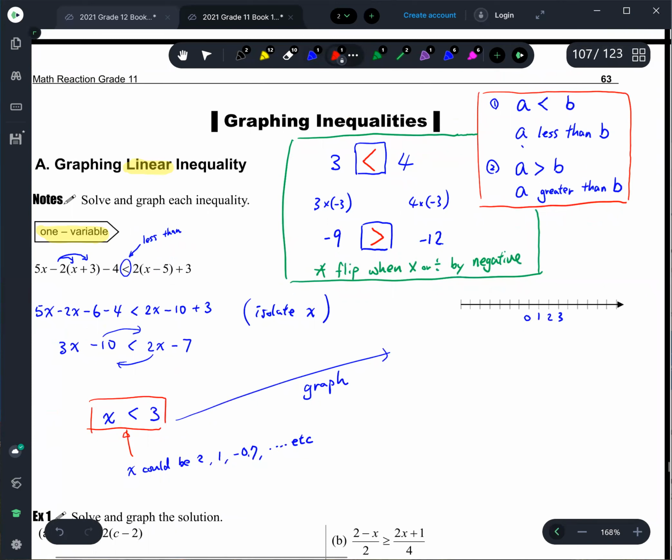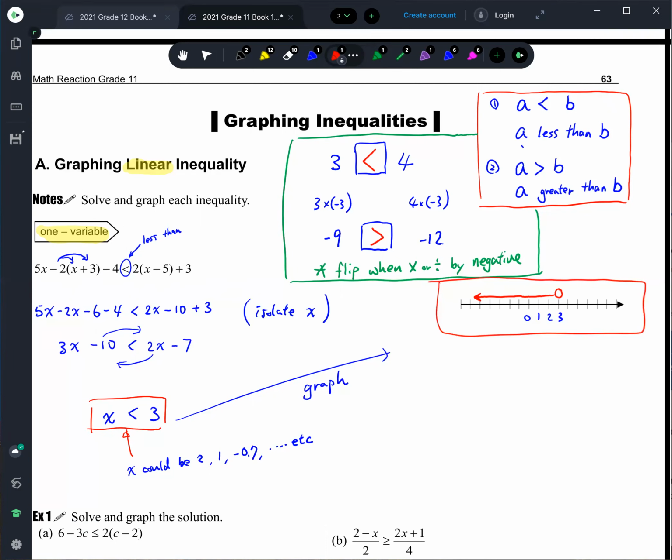So to show that, always put the number underneath and the graph on the top. You put a circle on the top, empty. Empty circle, everything smaller than 3. So could be 2, could be 1, could be 0, everything to the left. So draw a line with the arrow. So that's how you show your answer with the graph.